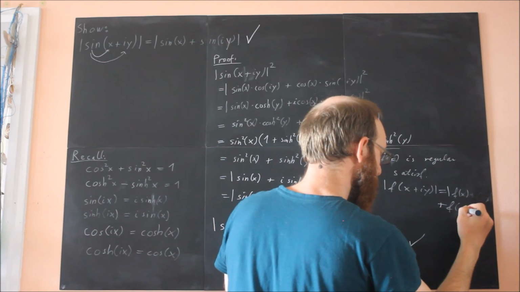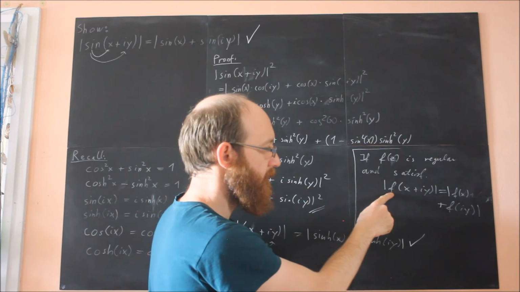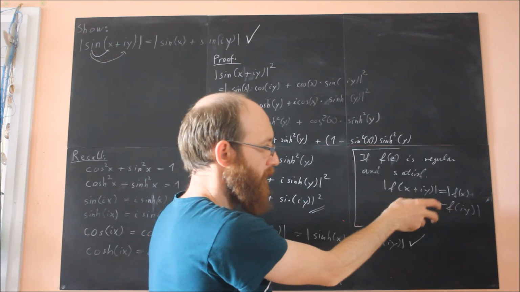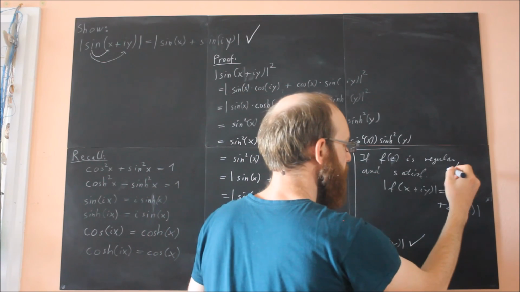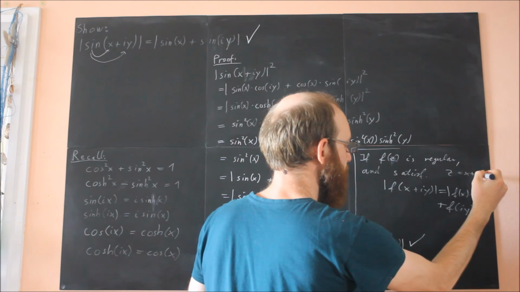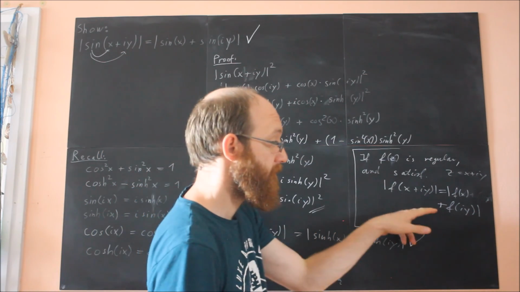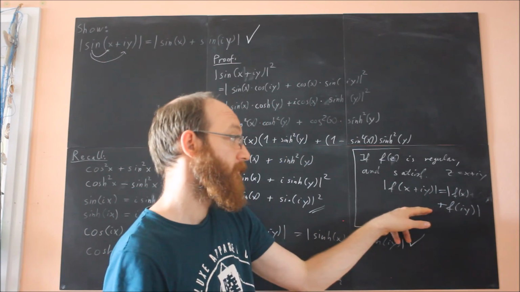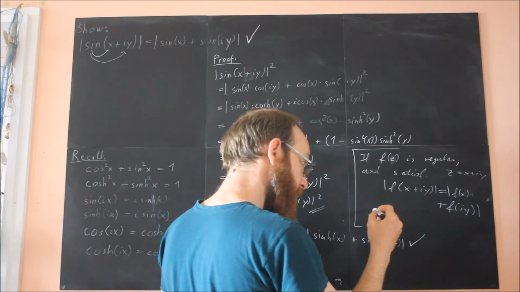Alright, so think of the sine here. So this functional equation, if f of z is regular, and of course z is of the form x plus iy, and we have this functional equation here, then there are only three functions satisfying this property.